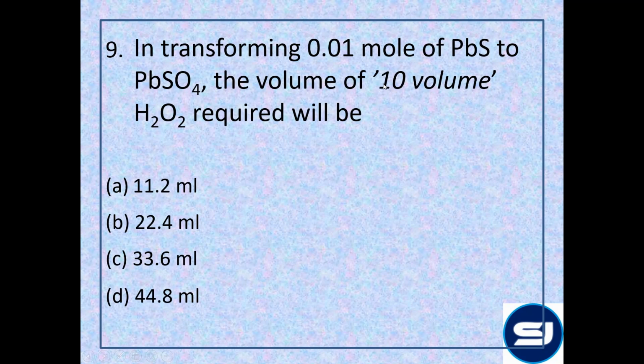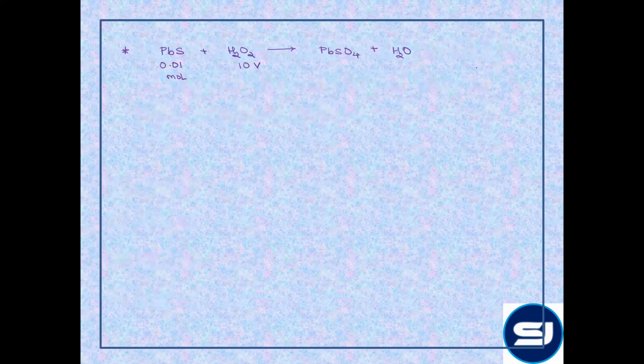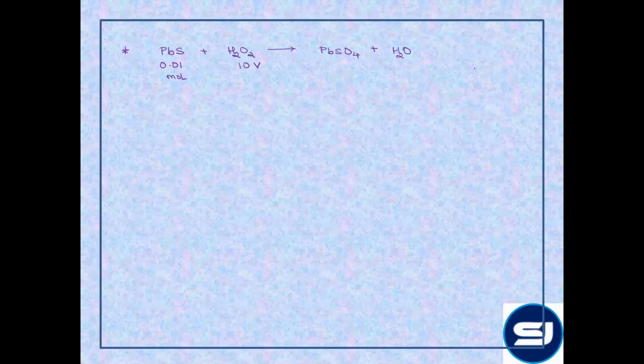What is 10V? H2O2 is called volume strength of hydrogen peroxide. इसके through we can find the molarity or normality or the percent weight by volume. ये सब कुछ find किया जा सकता है through the volume strength.